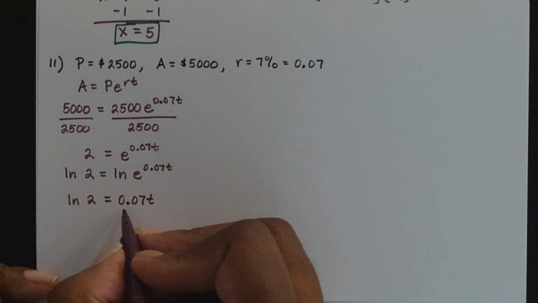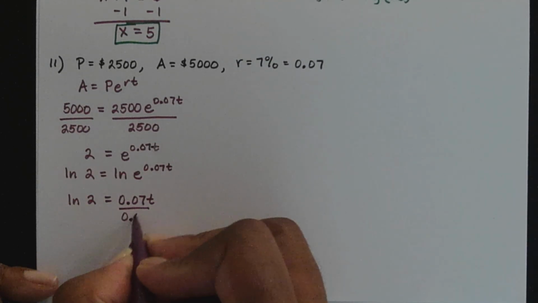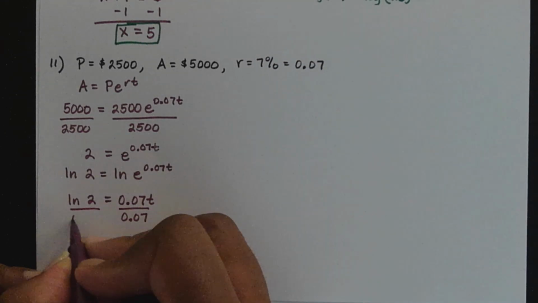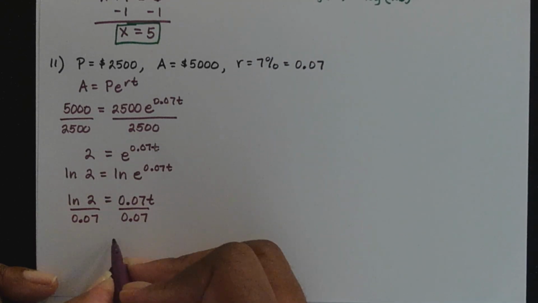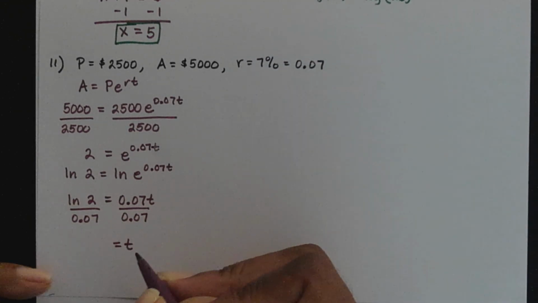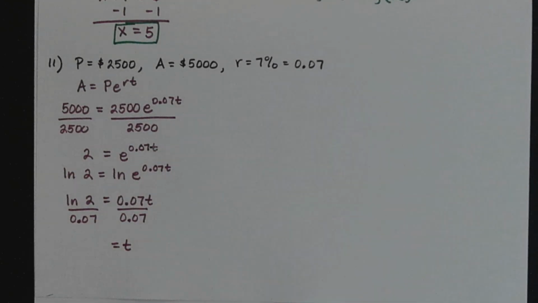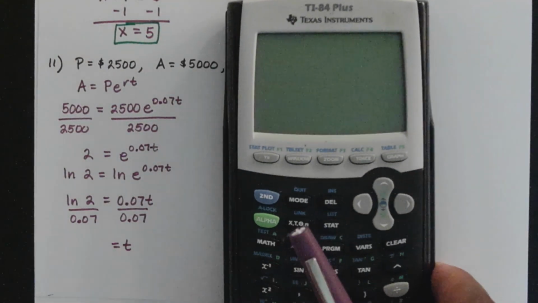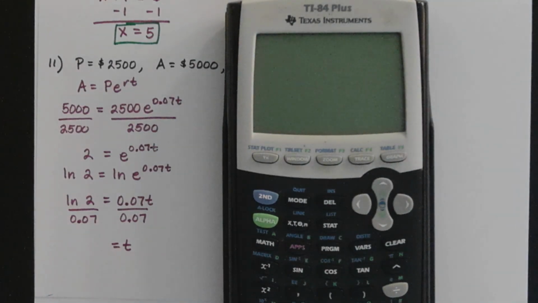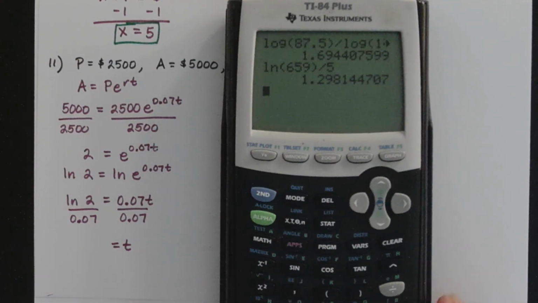And then to get t by itself, I need to divide both sides by 0.07. And I'll go ahead and do this in the calculator. t is equal to ln of 2 divided by 0.07, that's the exact value. But of course we want the decimal value, so it'll be ln of 2, close parentheses, and then divide that by 0.07.